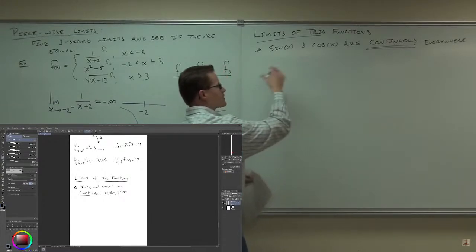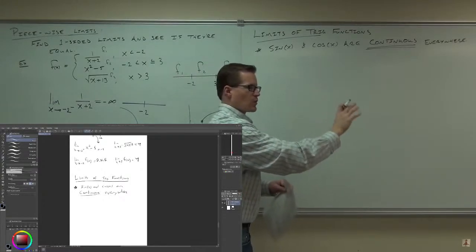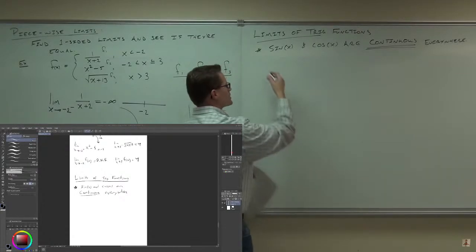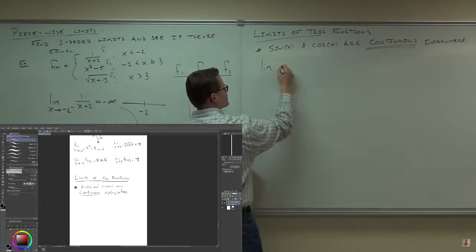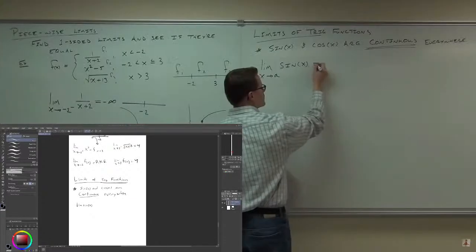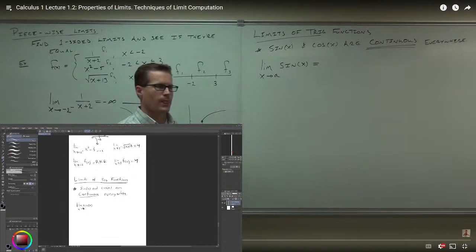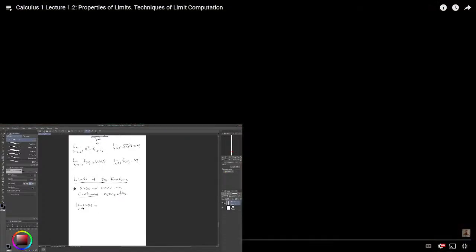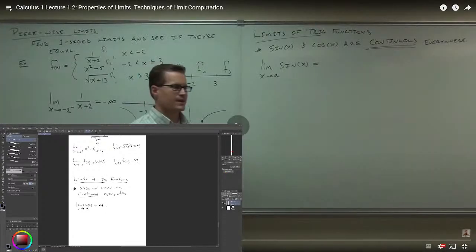Sine and cosine, we just said, are the same thing. Therefore, if sine and cosine are continuous everywhere, we can apply the same logic and say the limit of sine of x as x approaches a is, what do you think? A. It's not a.